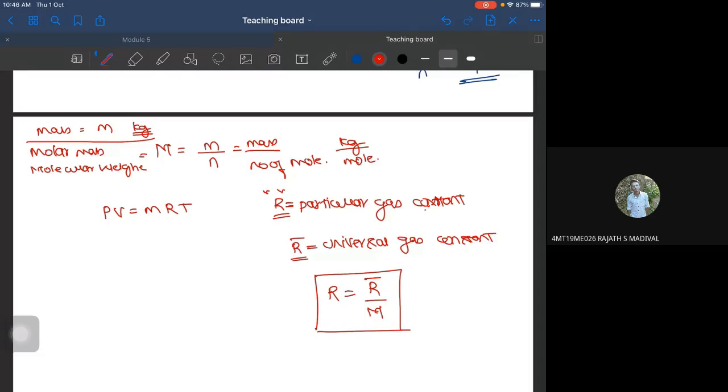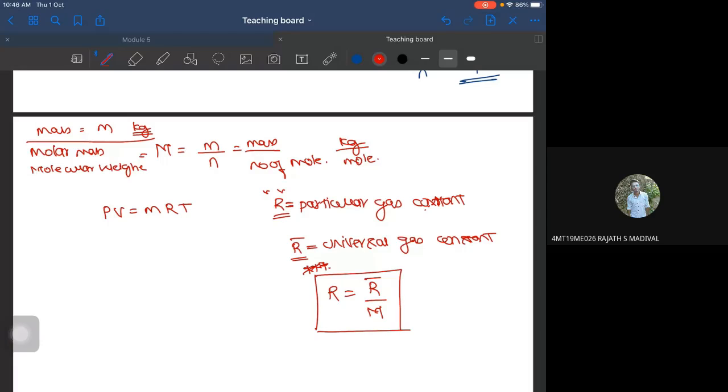So R is equal to R dash divided by molecular mass or molecular weight. Keep this in mind, which is very, very important. At the end of the session, I'll be asking each and every one a question. Kindly concentrate.